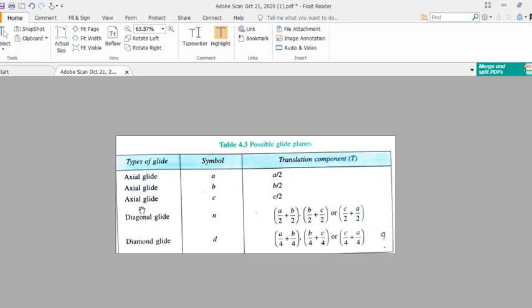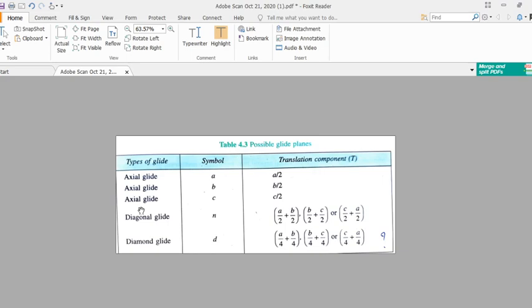Axial glide planes, which cut a particular axis. If you remember, there were 3 reflection planes which cut exactly at the center of the axes, that is x, y and z.